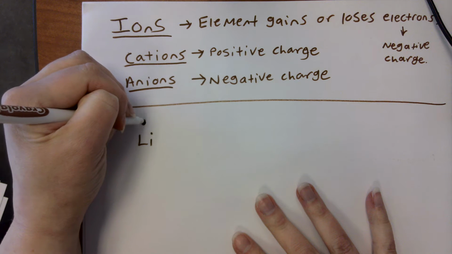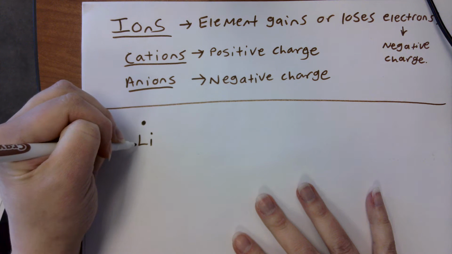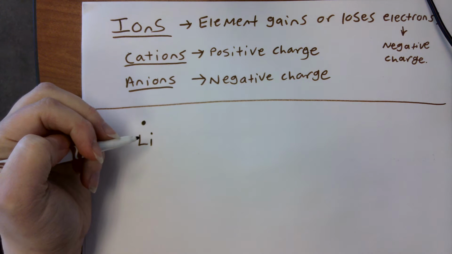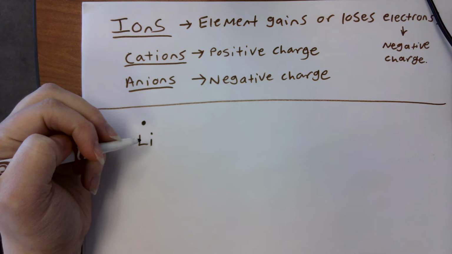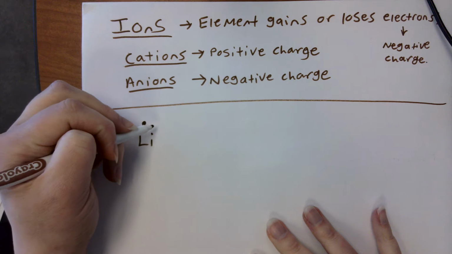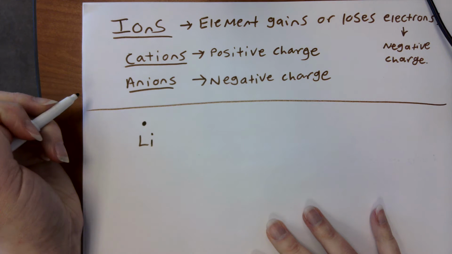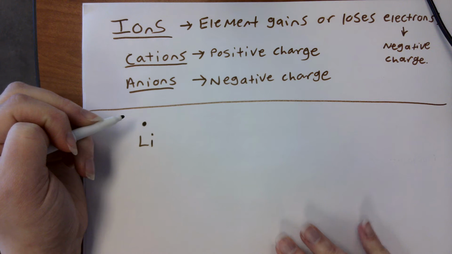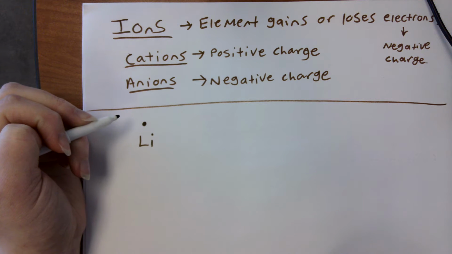Lithium, though, when we don't have a full valence electron shell, we say that an atom will want to gain enough electrons to either fill its valence shell or get rid of any extras that it has. Okay?